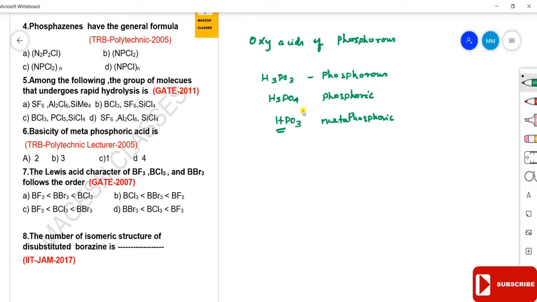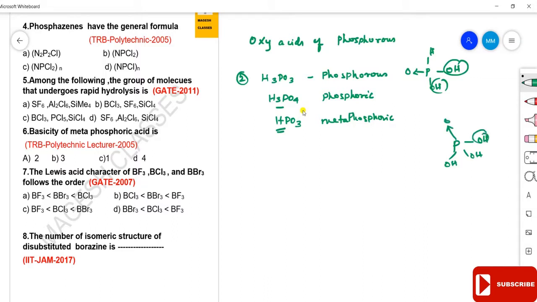Phosphorous acid, the structural formula has P-OH, and one hydrogen is directly bonded to phosphorus by a covalent bond, so it acts as a reducing agent. So it has 2 replaceable hydrogen atoms, and the basicity is 2. Phosphoric acid, the structure has P-OH groups and one coordinate covalent bond, so the replaceable hydrogen atoms are 3.